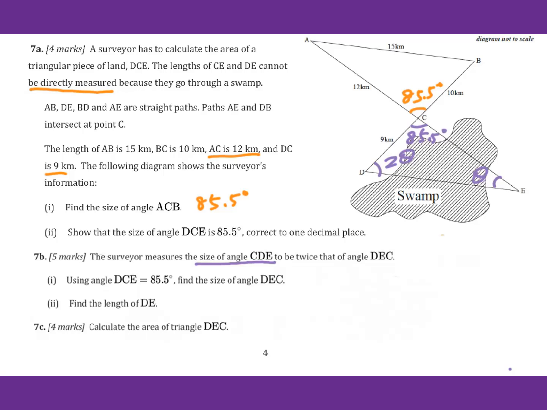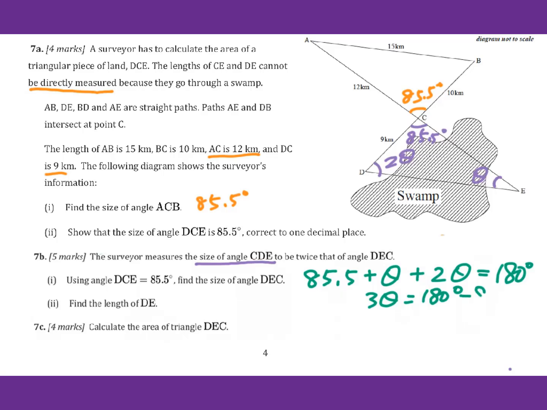We know that the sum of all angles in a triangle equals 180. Therefore, we can do 85.5 plus theta plus 2 theta equals 180 degrees. Then 3 theta equals 180 degrees minus 85.5.